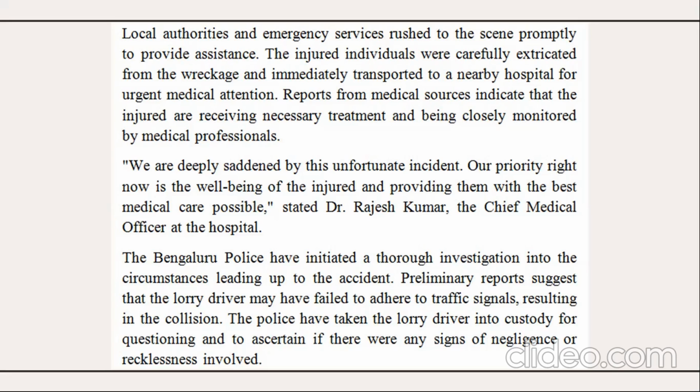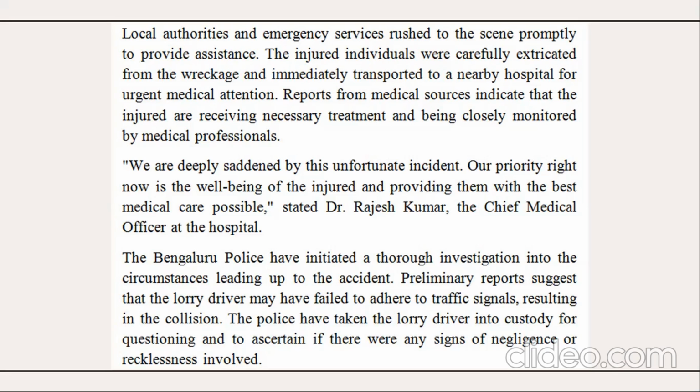Dr. Rajesh Kumar, the chief medical officer at the hospital, stated, "We are deeply saddened by this unfortunate incident. Our priority right now is the well being of the injured and providing them with the best medical care possible." The Bangalore police have initiated a thorough investigation into the circumstances leading up to the accident.